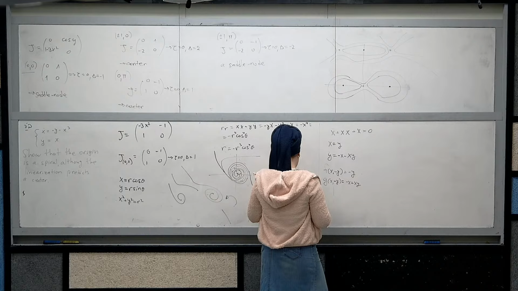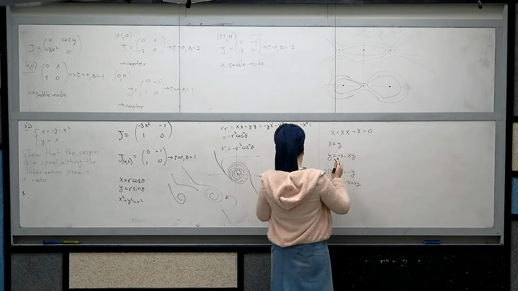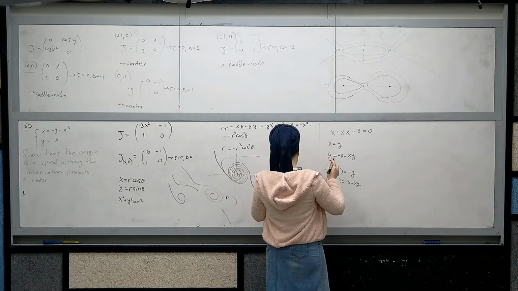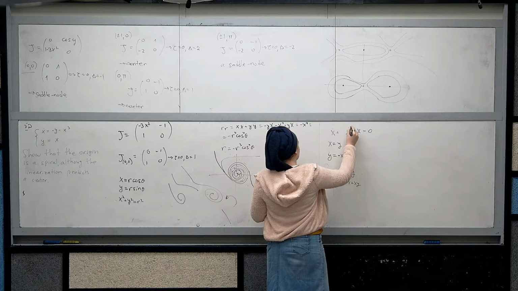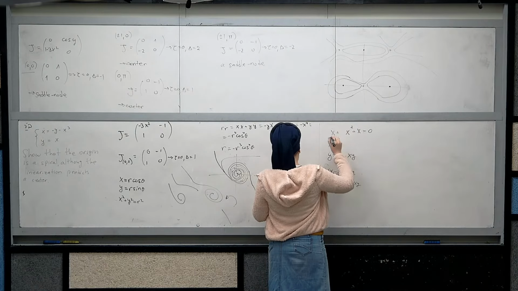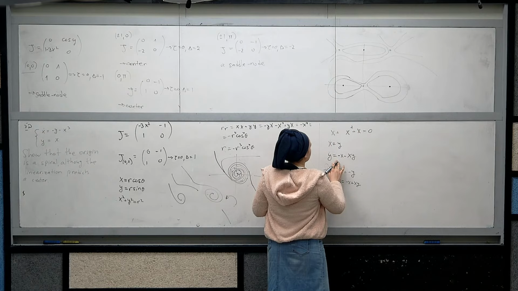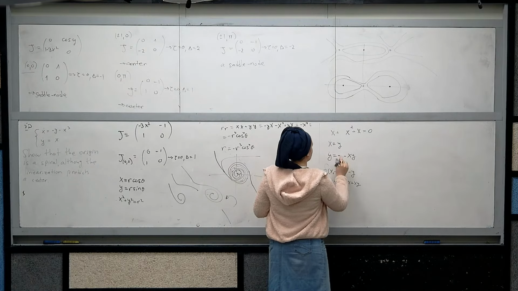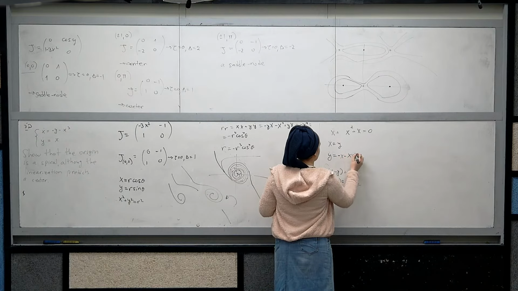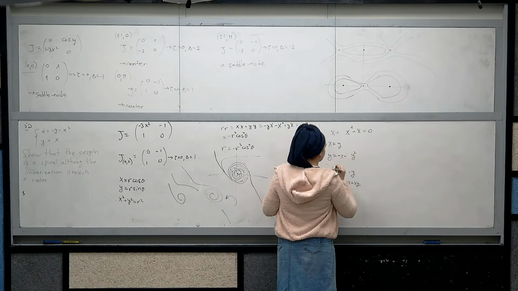Good question. Okay. This is true. Okay, so y dot is minus x, yes, minus y squared.